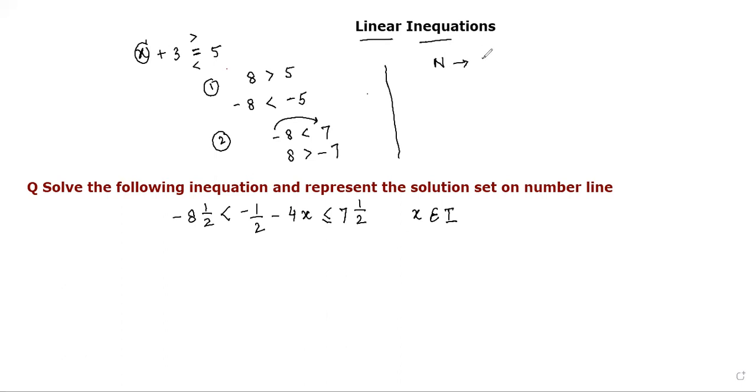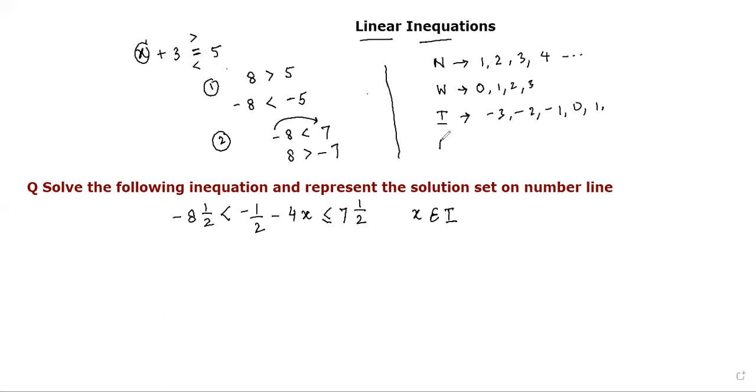Natural numbers are nothing but 1, 2, 3, 4, and so forth. I hope you can recall from your previous classes. For whole numbers, you just add 0, so 0, 1, 2, 3, 4 are the whole numbers. Integers are all the negative numbers and all the positive numbers.